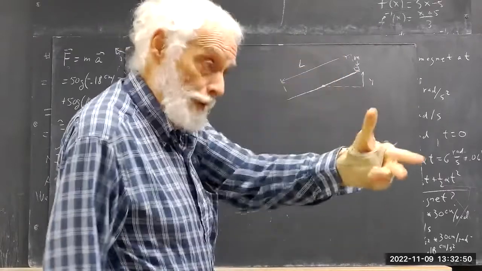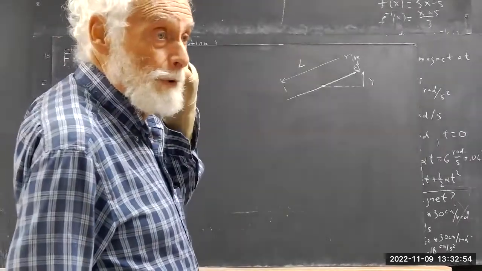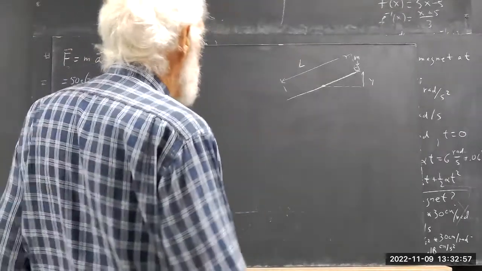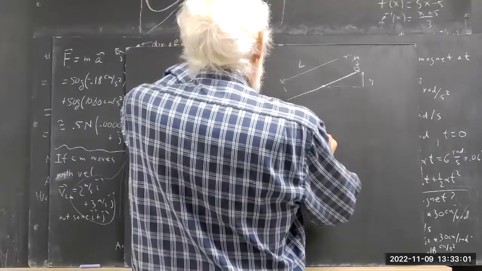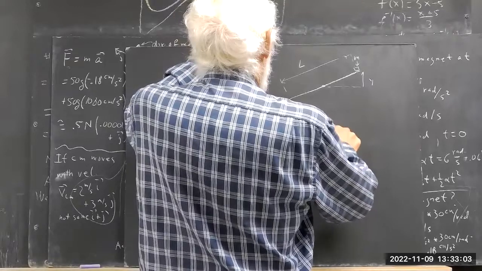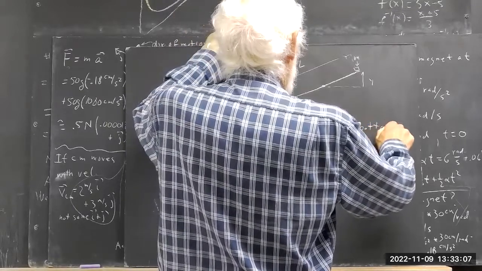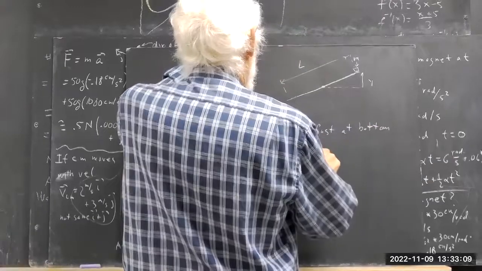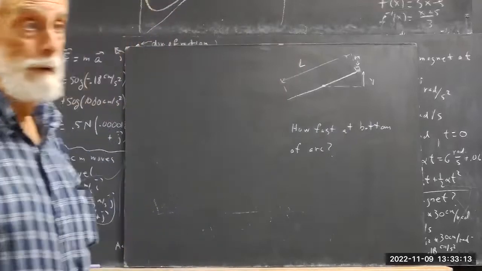Okay, so that's where I've got it set up. That models what we have. So my question is, how fast is it going at the bottom of the arc?